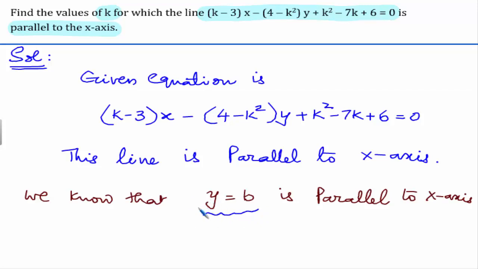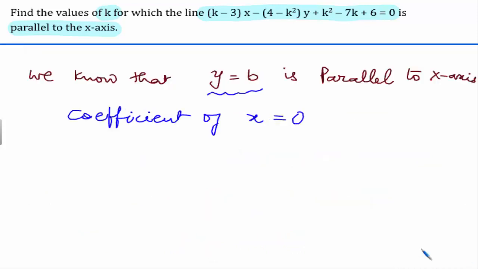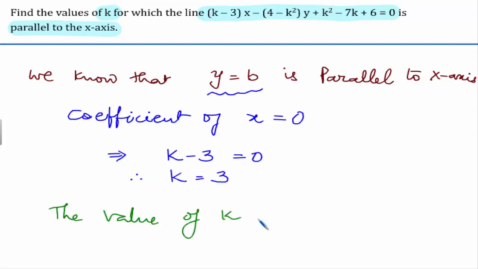That means the coefficient of x must be 0. That implies k minus 3 should be 0. Therefore k is equal to 3. So the value of k is 3.